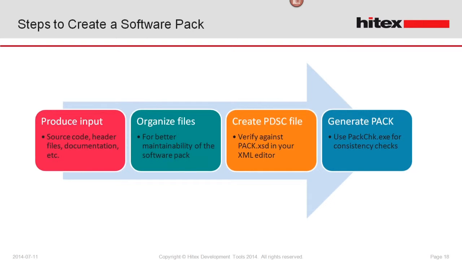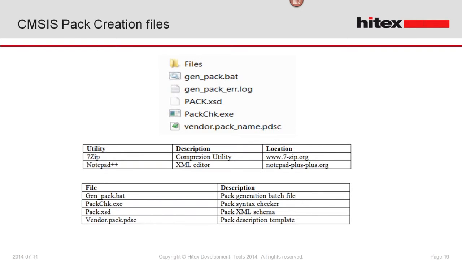Now the next stage is to create the XML file which describes this pack layout for the development tool. So above our directory structure we first of all have a template of this pack description file, so this vendor.pack name pack description file.